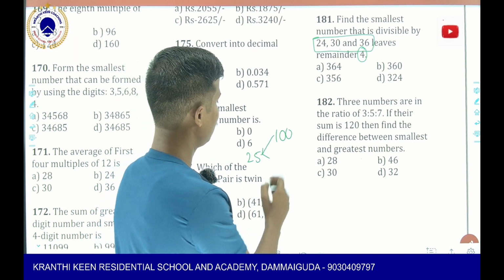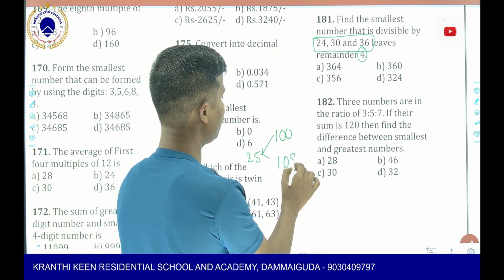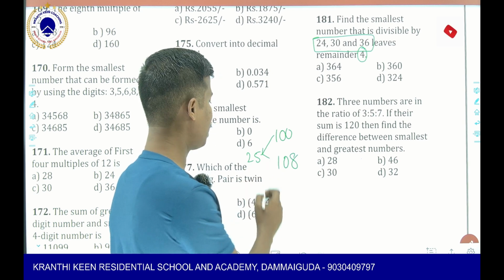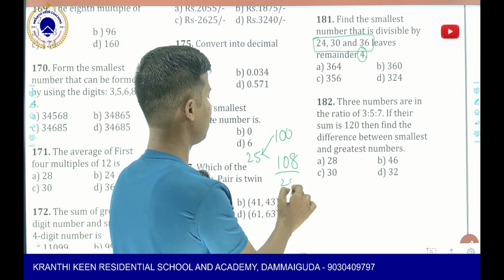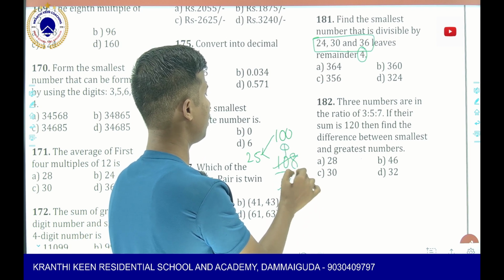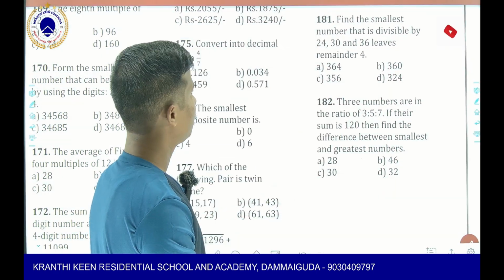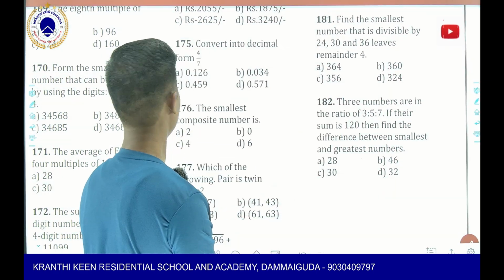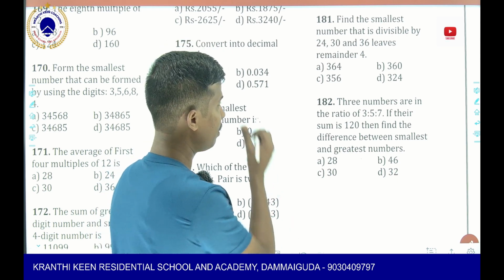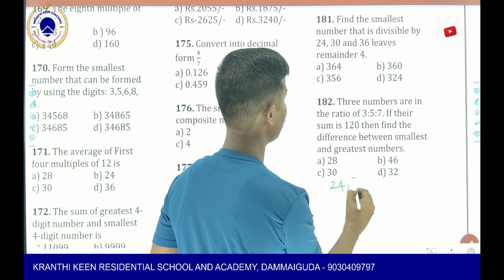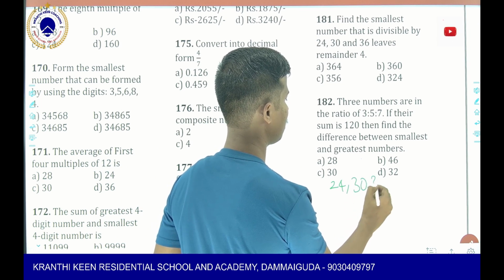What you have to do is add 8 to the number which is divisible by 25. Then 25 fours are 100, and what remainder will you get? 8. That means here also you have to find the LCM and add 4. Find the LCM of 24, 30, 36.